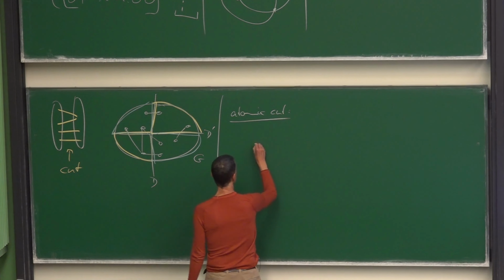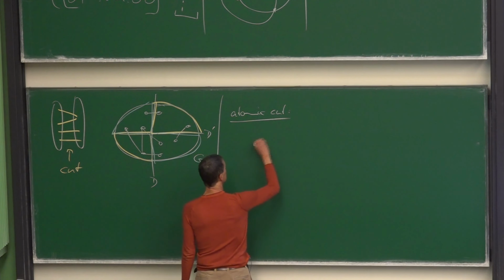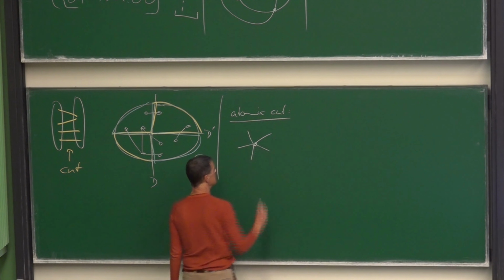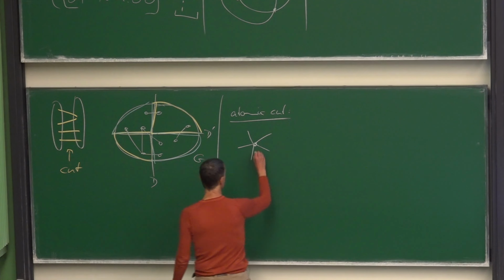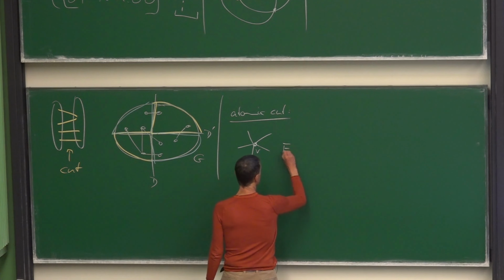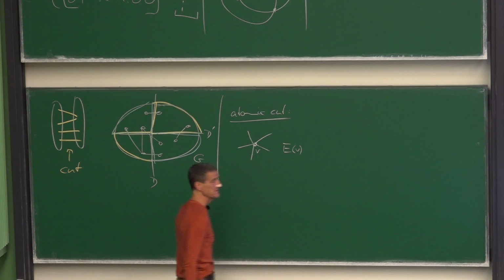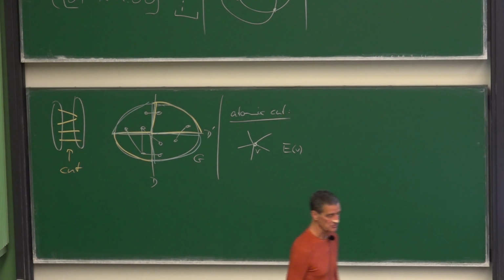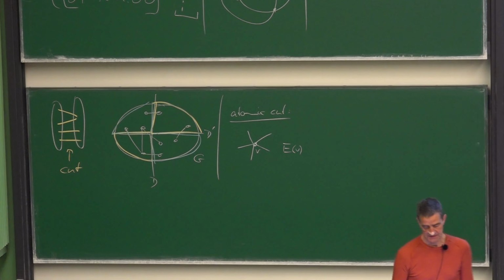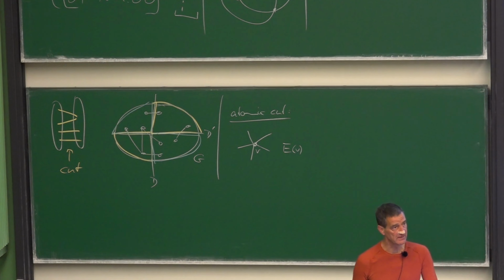The atomic cuts are those sets of edges that are incident with a single vertex. So if that vertex is little v, then I call that E of v. Okay? These are the atomic cuts. And they generate all the cuts.